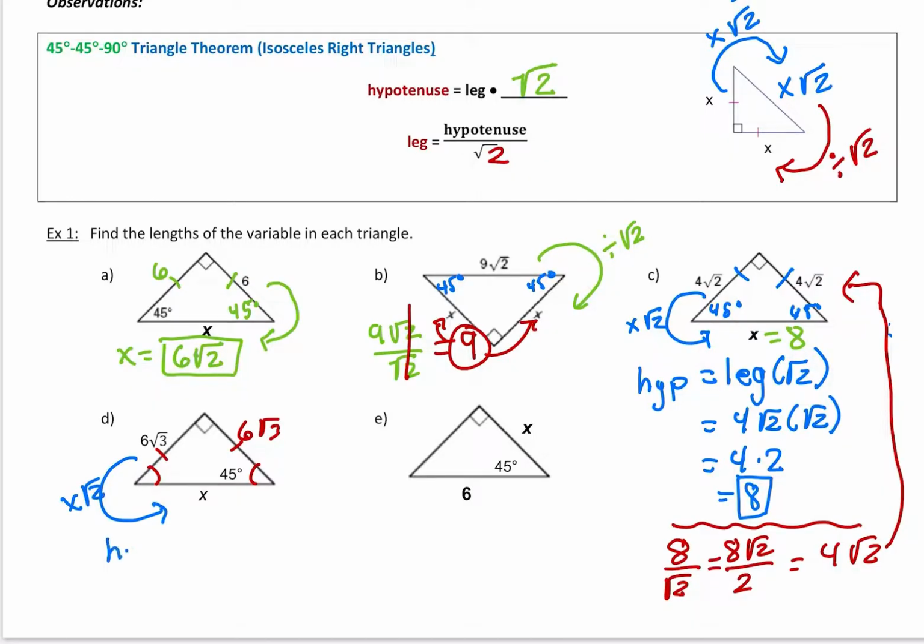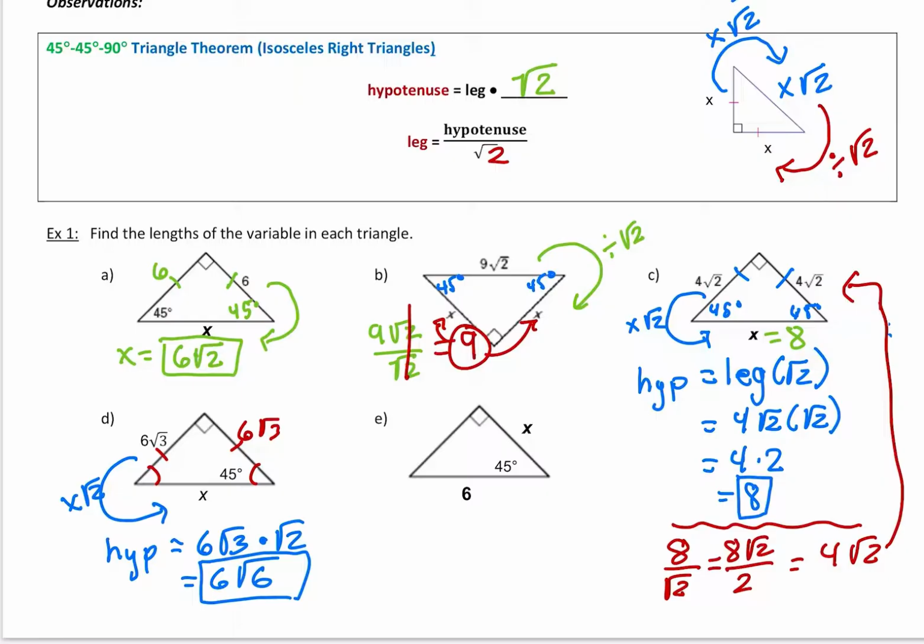So the hypotenuse is equal to 6 root 3 times the square root of 2, and you get 6 root 6 for your final answer. And again, you can always check your work. Divide that by the square root of 2. Square root of 6 divided by square root of 2 equals square root of 3, and you have that 6 root 3 for the leg.